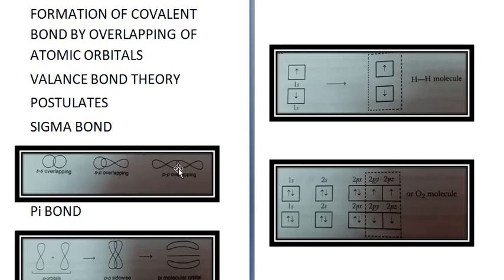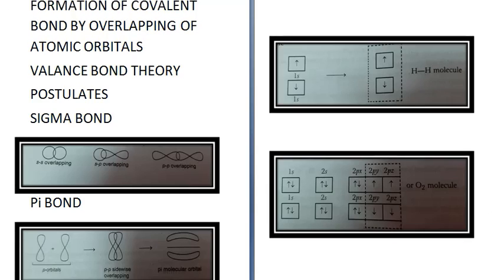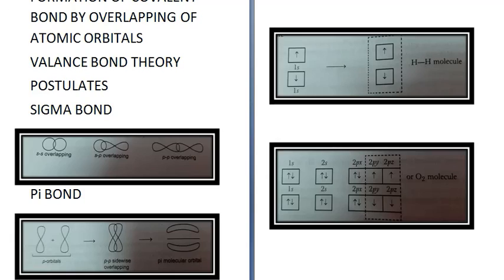Next is the pi bond. A pi bond is not formed by head-on overlapping, but by sidewise overlapping of half-filled atomic orbitals in a direction perpendicular to the internuclear axis, you can say along the y-axis. So it involves p-p overlapping.